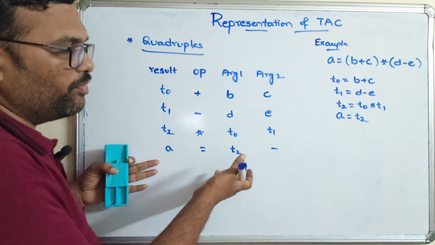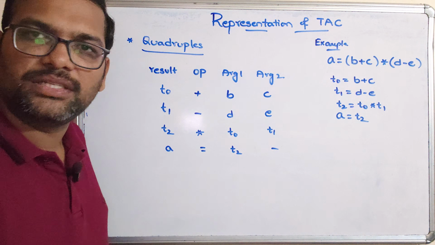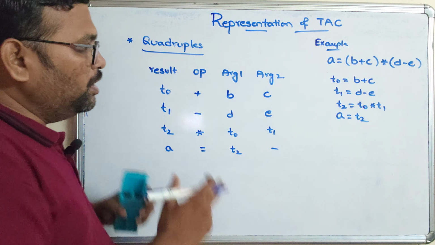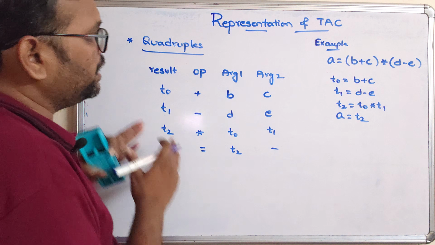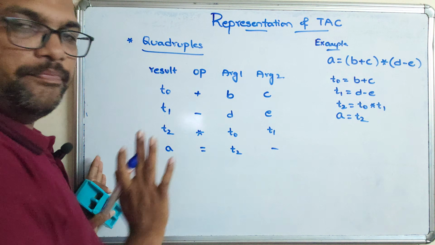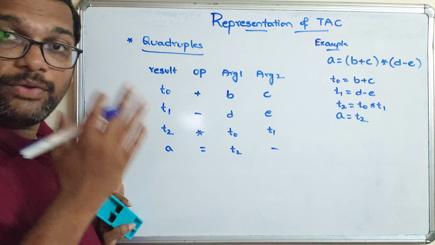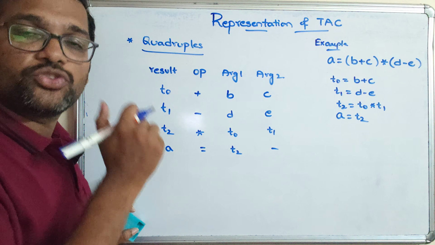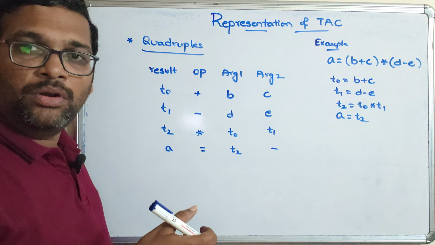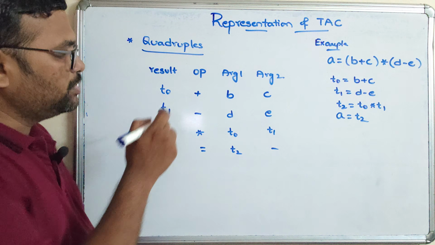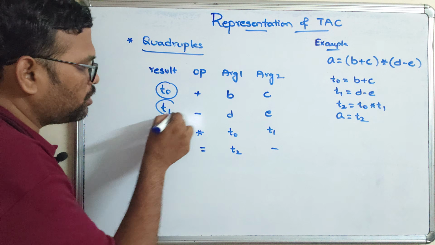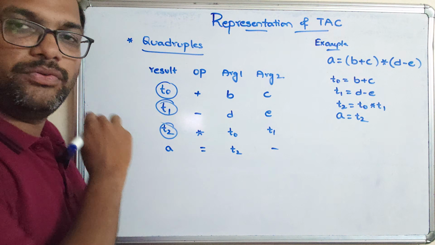So here we have only one argument and this hyphen is empty. If the three address code is represented in quadruples, this is the form. The main advantage is that it is very suitable for generating the target code, and the disadvantage is that we are using a lot of temporary variables.